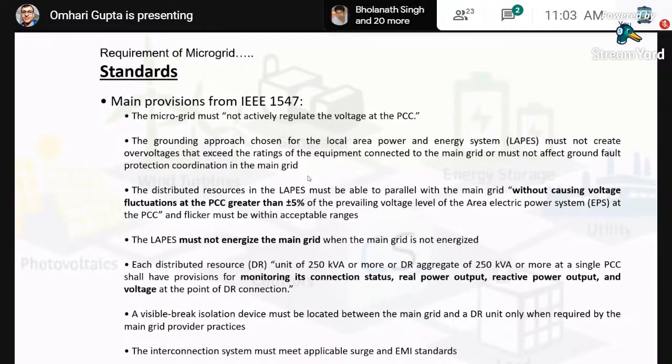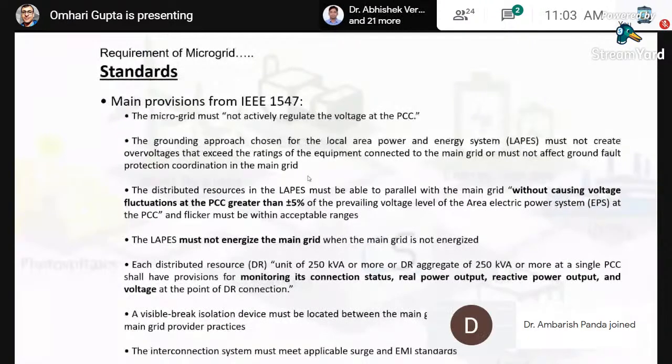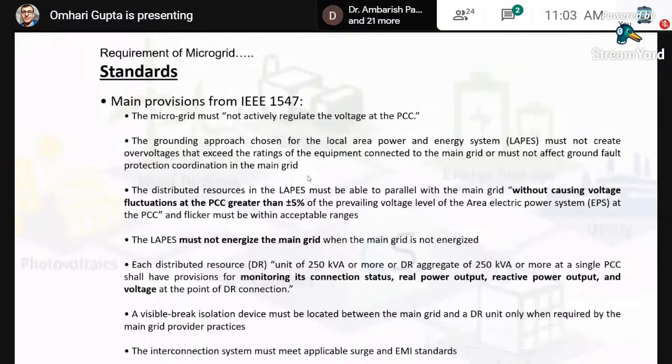Here, PCC is nothing but the point of common coupling, where you are connecting your distributed generation or the renewable-based generations. And this LAPES is nothing but local area power and energy system, which must not energize the main grid when the main grid is not energized.